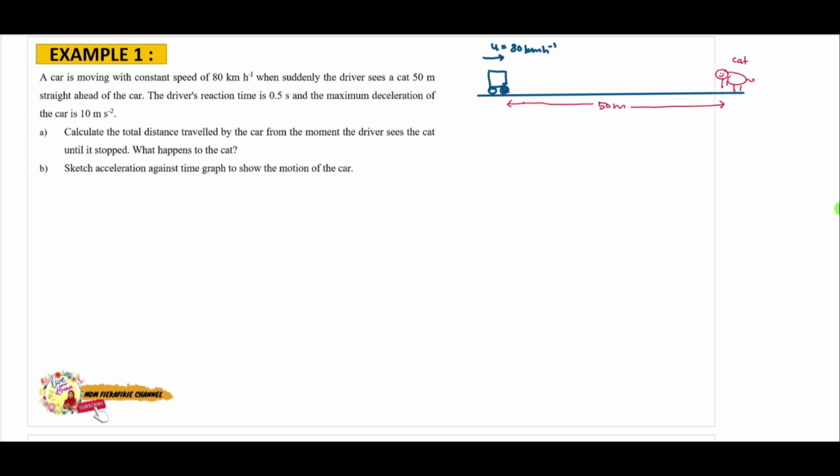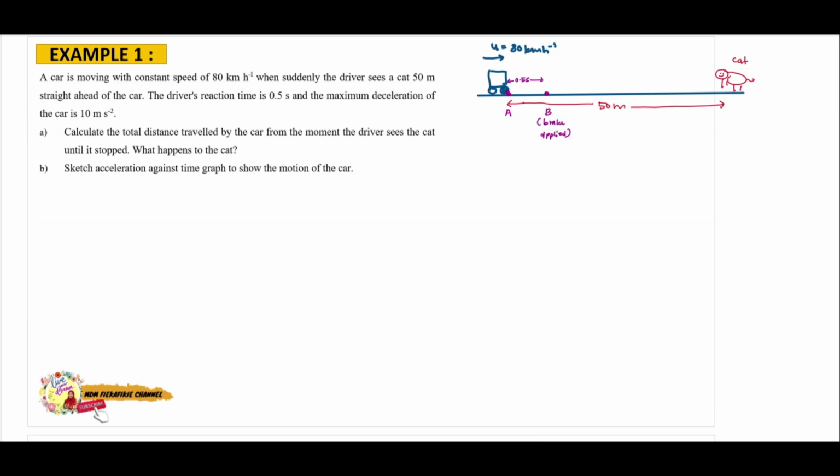So means from here, let's say we label as point A, to point B. So let's say this is the reaction time, which is 0.5 seconds from A to B. And then at point B, the driver applied the brake. Okay, so brake is applied at point B.